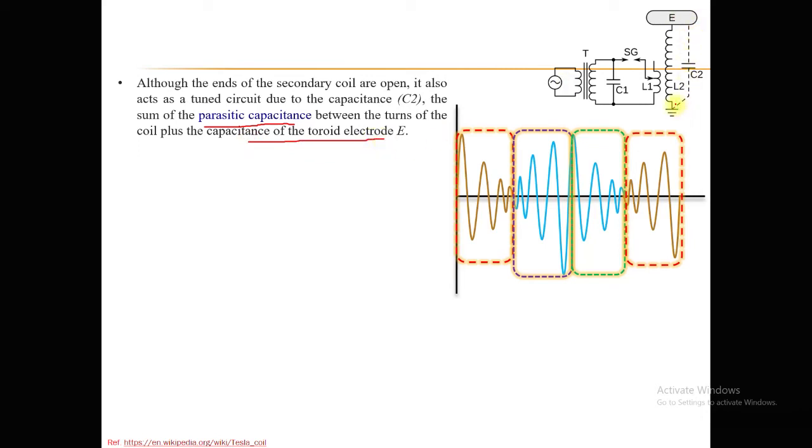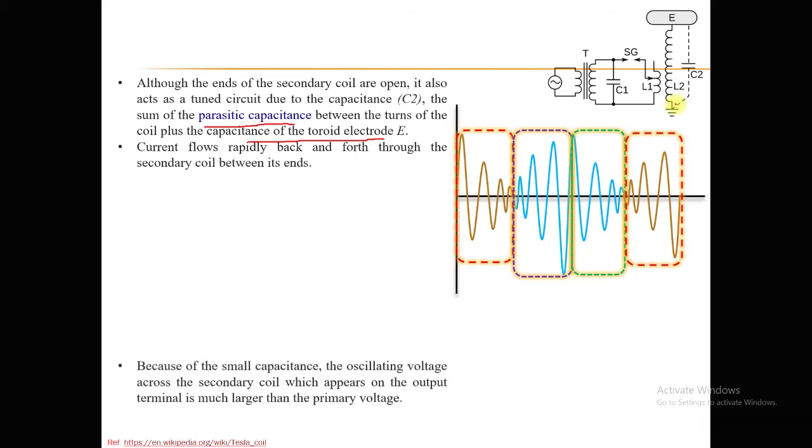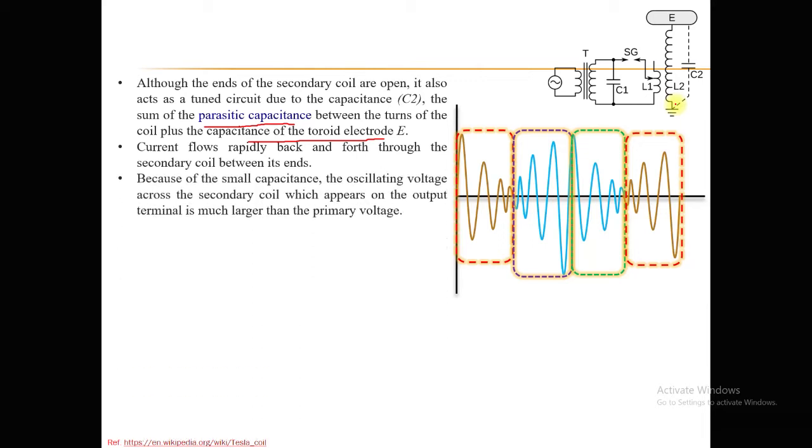So C2 represents the equivalent capacitance. Once it gets charged, the current flows rapidly back and forth through the secondary coil between its ends. Usually C2 is in picofarads, whereas C1 is normally in microfarads. So C2 is very, very small.